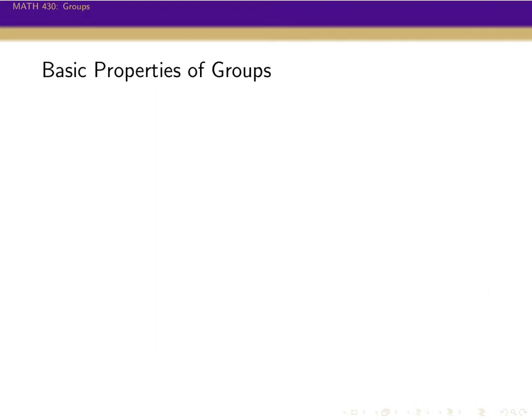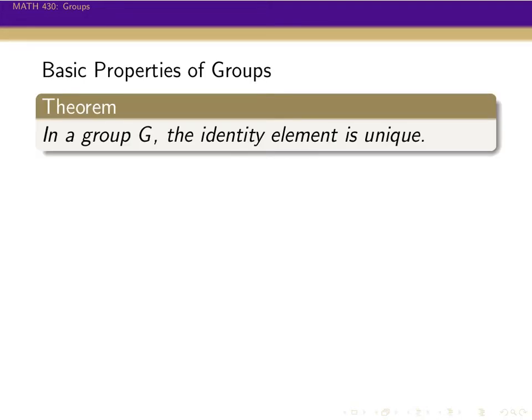Okay, so let's talk about some basic properties of groups. First one: in any group, the identity element is unique. There can only be one identity element for the group. So why is that true?